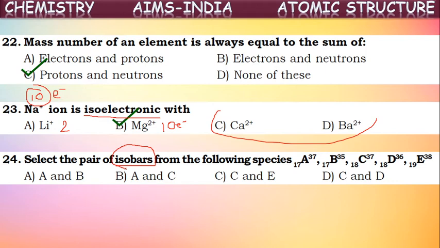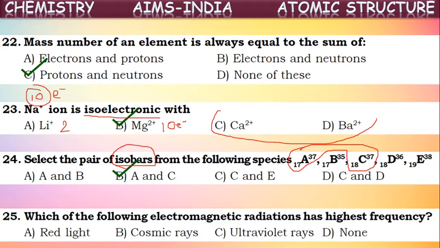Observe which two atoms are having the same mass number here. See, A has mass number 37 and if you observe, C also is 37. So the pair of these two, A and C, will come under isobars because both of them have the same mass number 37. So A and C.